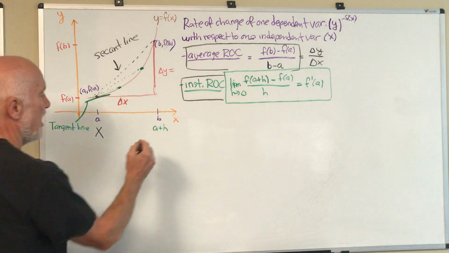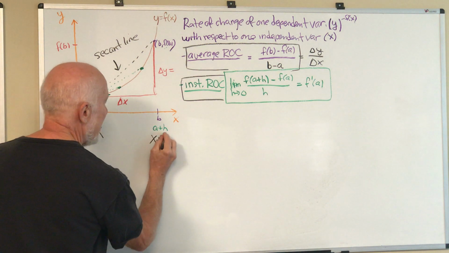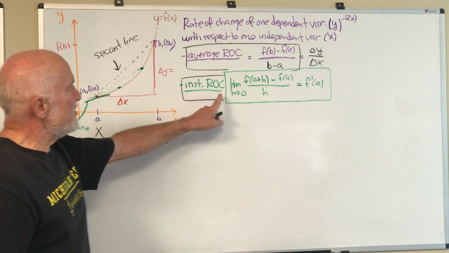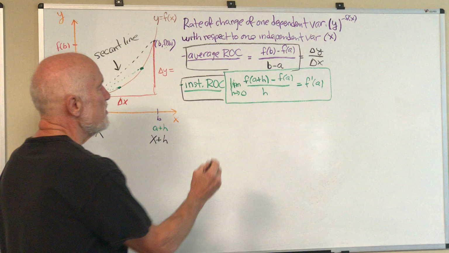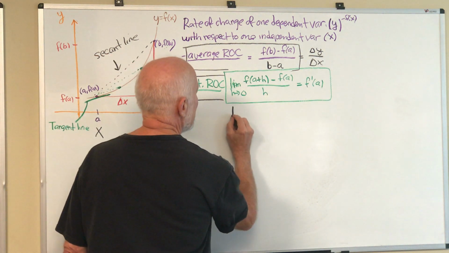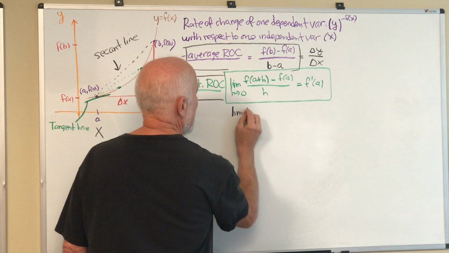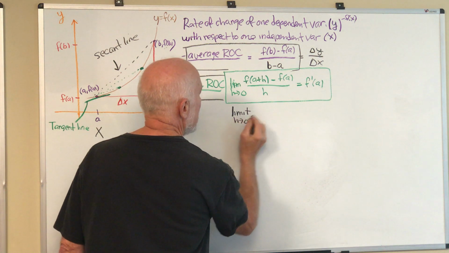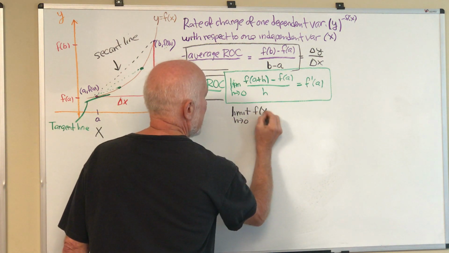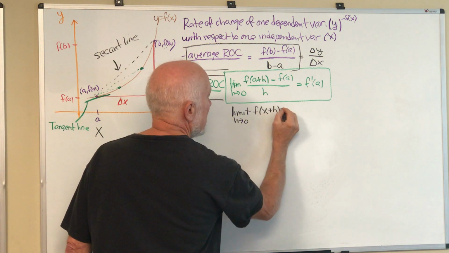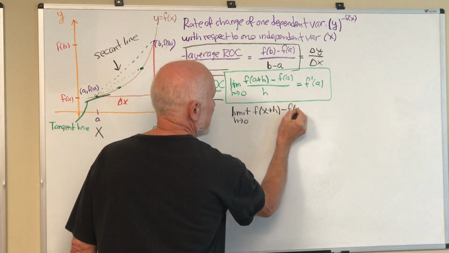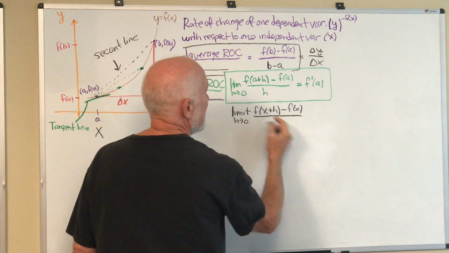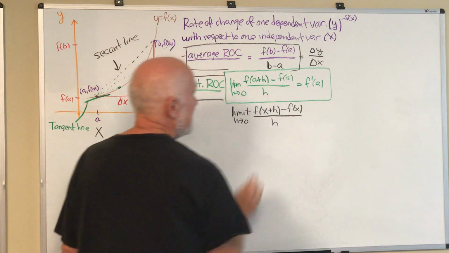And then this would be called x plus h. So the only difference in here, this would be called the limit as h approaches 0 of f of x plus h minus f of x, and it's still going to be over h.